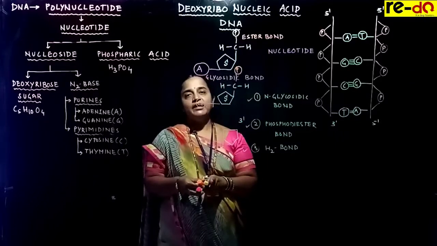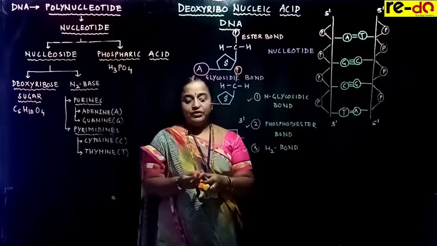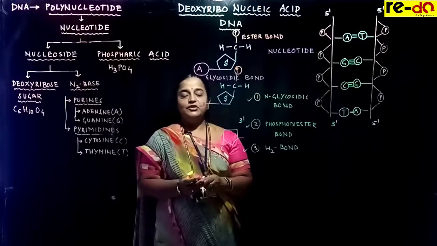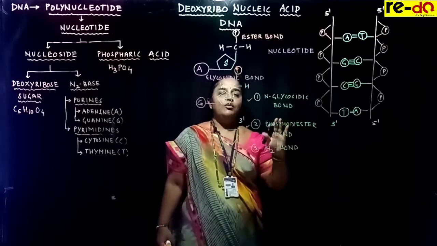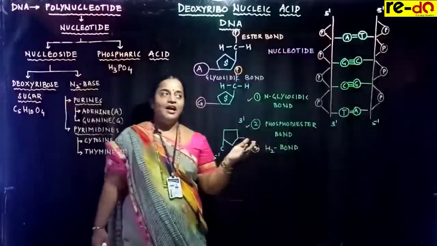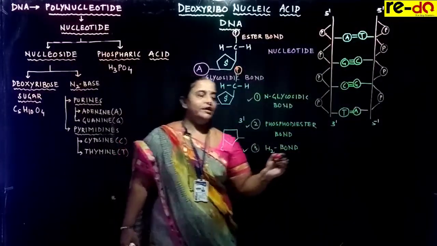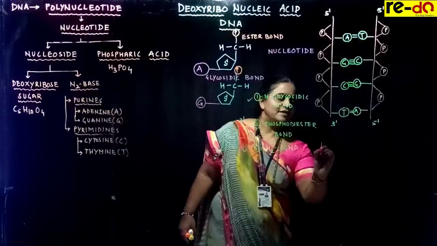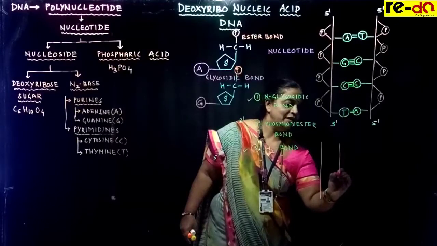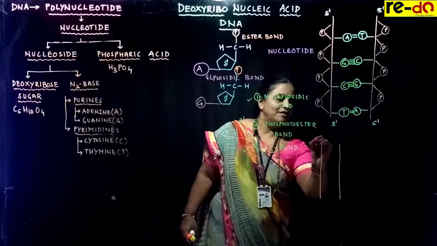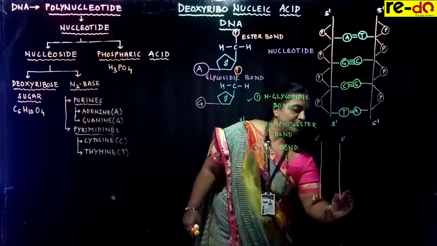So before we begin, the physical structure of DNA. In tomorrow's session, you please remember the arrangement of nucleotides, how the polynucleotide is arranged, and once it develops hydrogen bonding, it looks like a ladder. This is how the DNA forms: 5 prime, 3 prime, 3 prime, 5 prime.